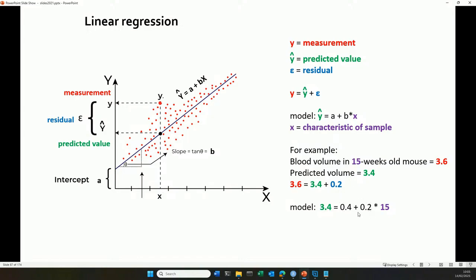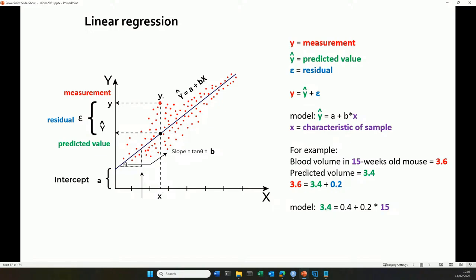And once it knows these settings, it can calculate for every measurement what it should be, the predicted value according to the model, by just filling in. So this measurement has an x of 15, so you fill in x in the equation. And then you come up with the predicted value. What is the residual? Well, the difference between what I measured and what I should have measured. So in this case, 0.2.